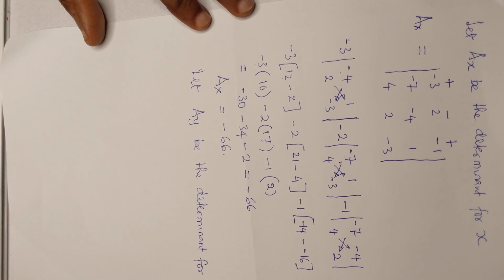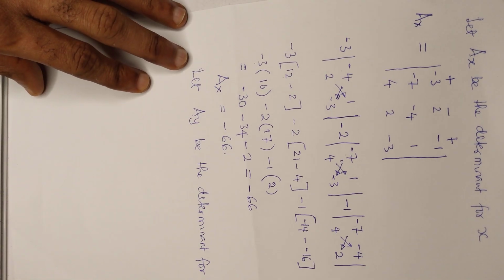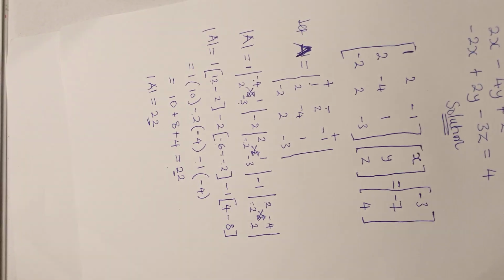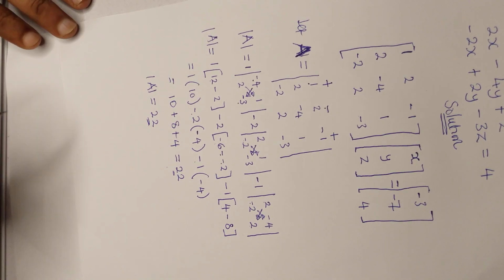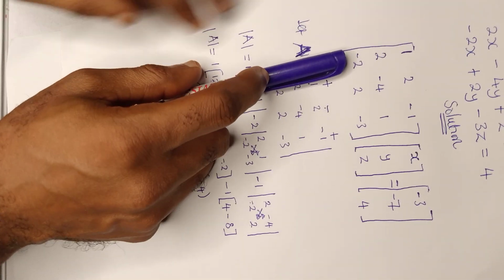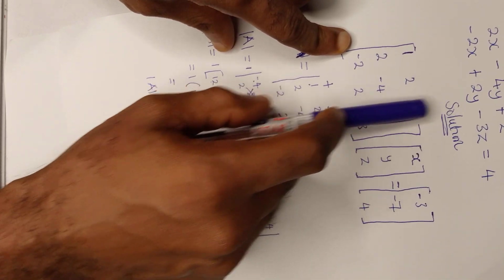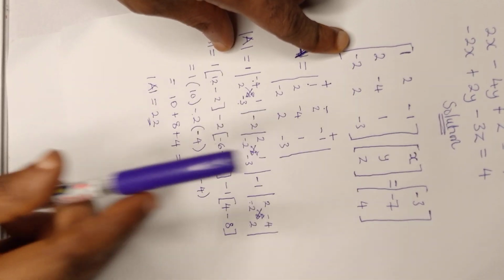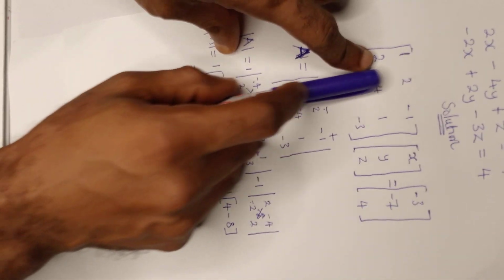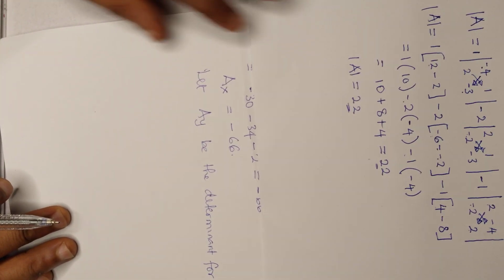Like I said earlier in the video, if you want to find the determinant for y, the x values will remain, but you are going to replace the y values with this column, and then the z values will remain. So for y, this is what we are going to have.